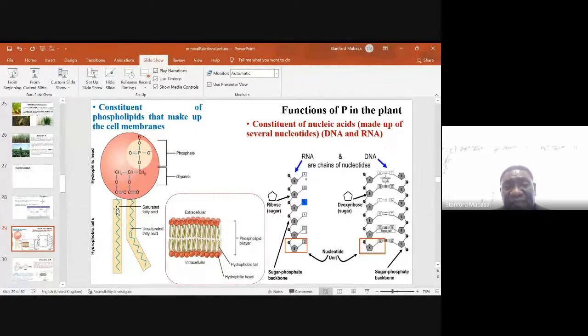So you've got the fatty acid joined to the phosphate group. It forms this cell membrane. This is the structure of the cell membrane. But what is basically important is to note that phosphorus is part of the cell membranes. And we know cell membranes have got vital functions in plant cells.